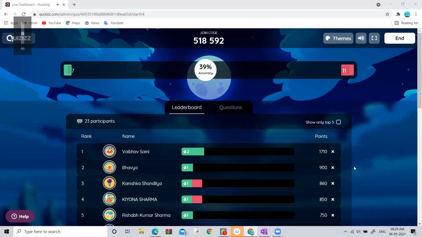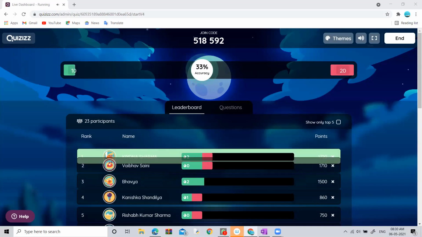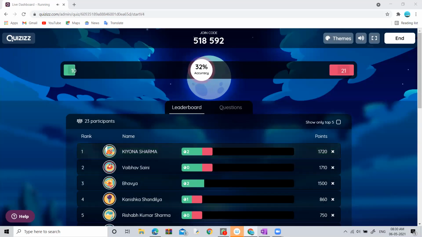Very nice, Kanishka. Very well done. Don't stop. Continue playing. Too good, Vaibhav. Bhavya, marks are increasing continuously. Now Fiona is in first place. Very nice, Fiona. Kanishka, Rishabh, very nice.